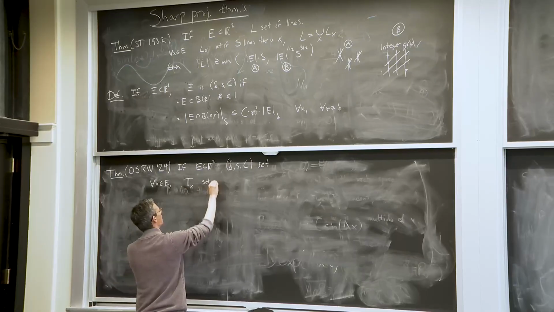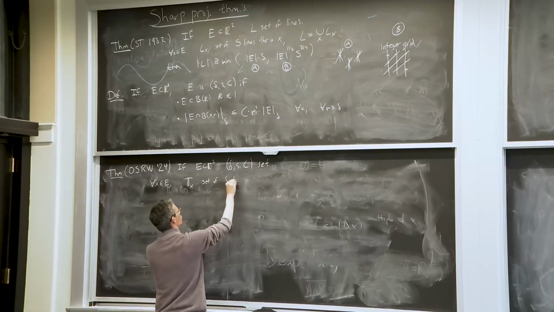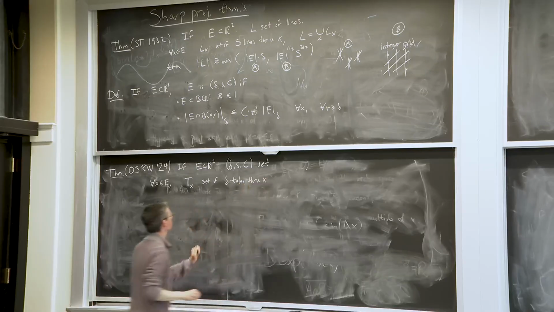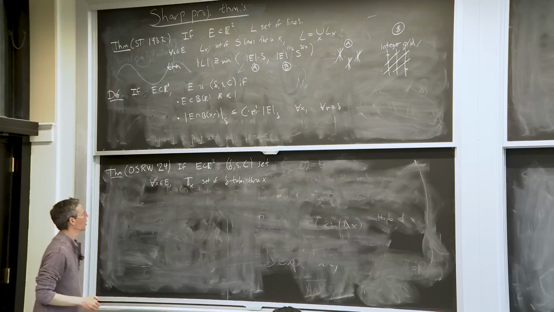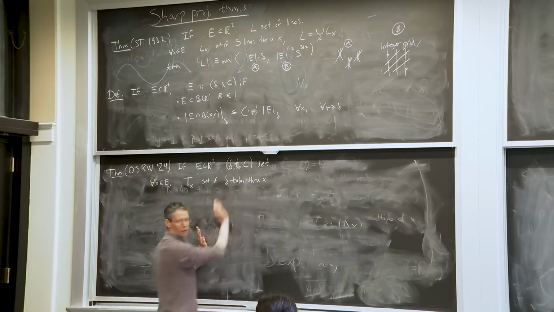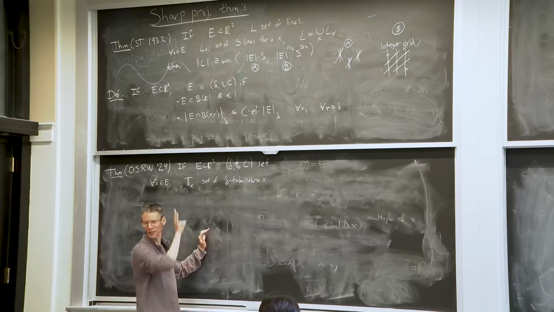This is a set of delta tubes through x. And sorry, this is just a notation choice, but if I don't match my notes, I'll go bananas. E is a delta-TC set.